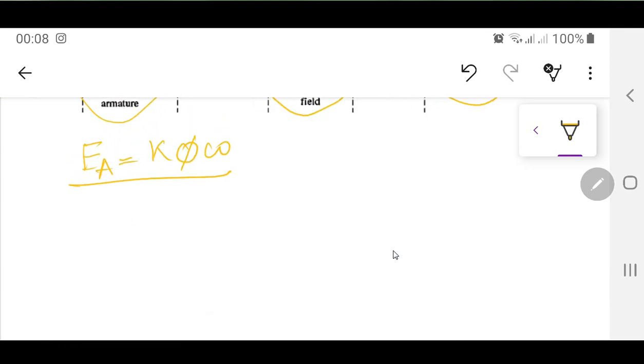K is the machine constant, flux phi is being produced by the magnetic field on the rotor or the field winding, and omega is the angular speed, which is provided by the mechanical source of the prime mover. And the mechanical speed has to be constant, because this is very critical for the electrical frequency that is being produced.